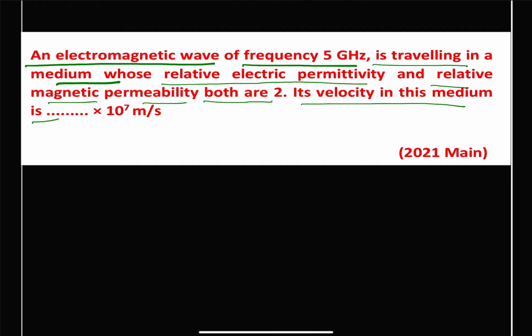So we are given that the frequency is 5 into 10 to the power 9 Hertz, and we are given epsilon r is equal to 2, and mu r is also equal to 2.